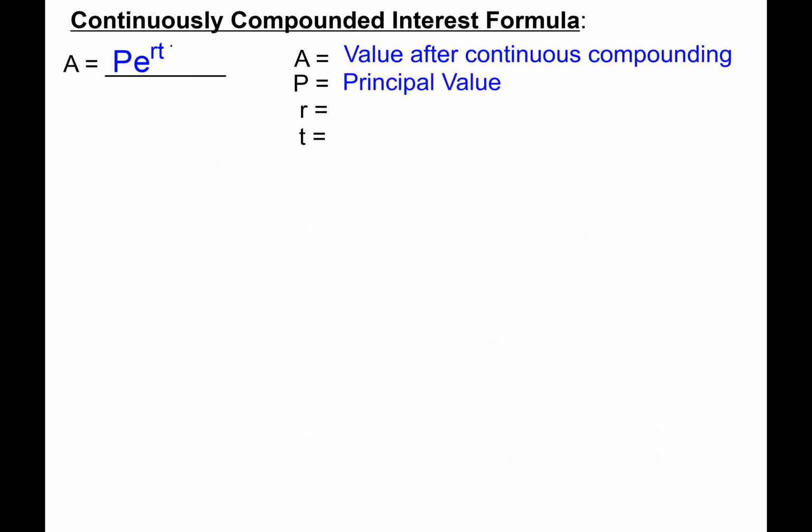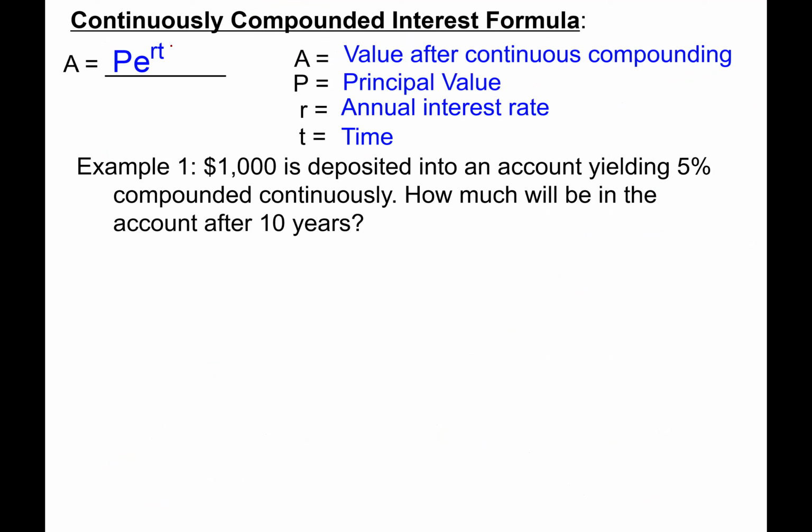And then P is principal, r is the annual interest rate, t is time. Okay, and there's a formula here to use in terms of continuous compounding. And let's take a look at how we apply this formula to do an actual calculation here.